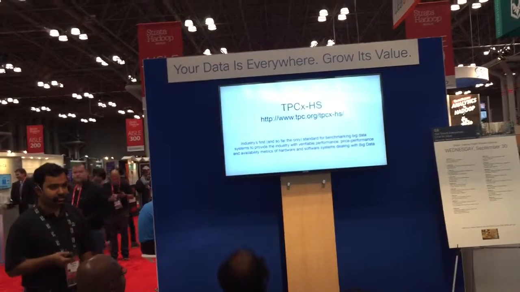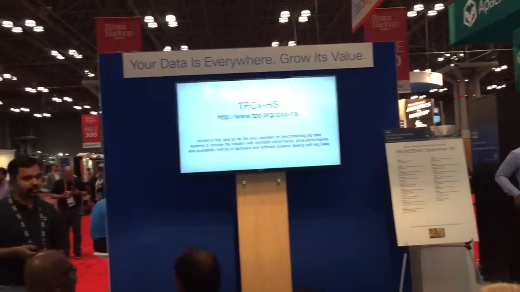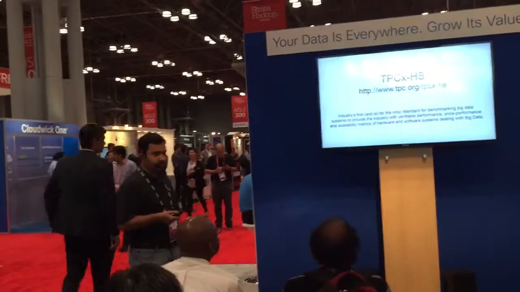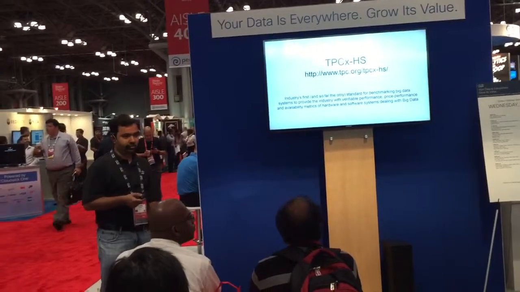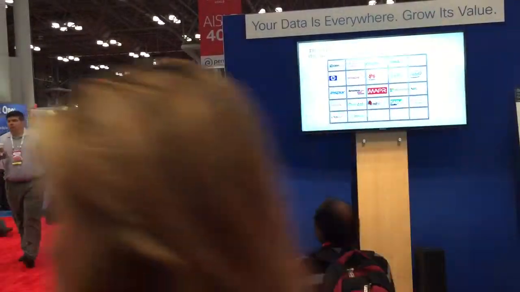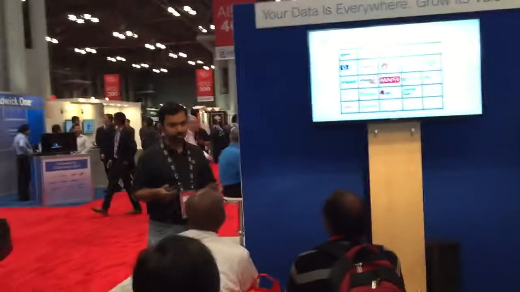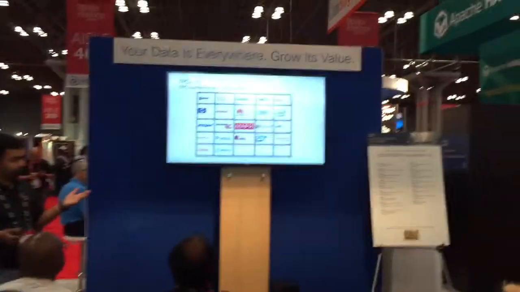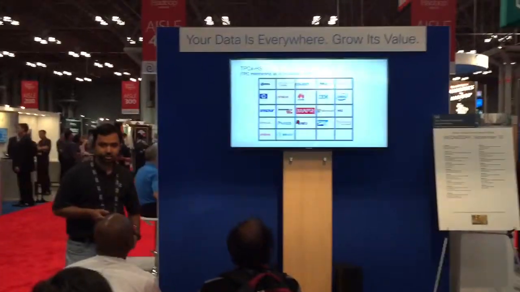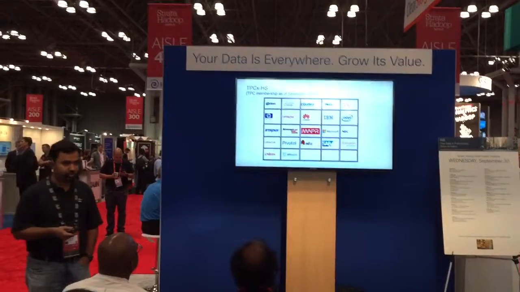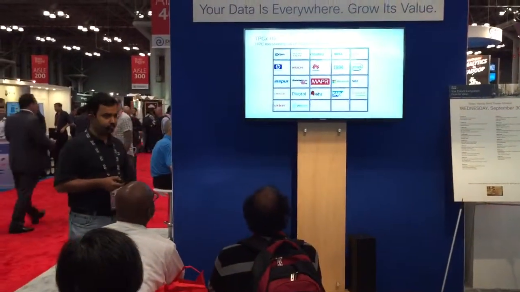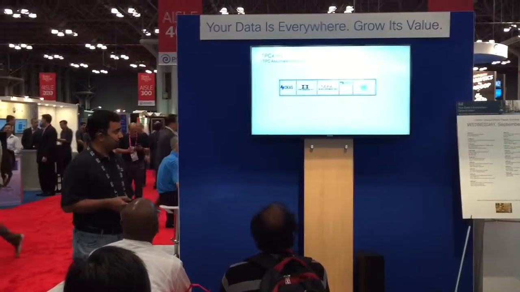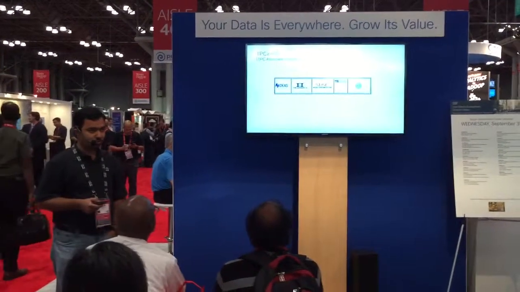This is the industry's first standard for benchmarking big data systems for verifiable performance, price per performance, and also verifiable metrics on both infrastructure and software systems. It is based on a committee of pretty much who's who in the industry on big data. You have both the infrastructure and the software vendors for big data systems, and these are the associate members.